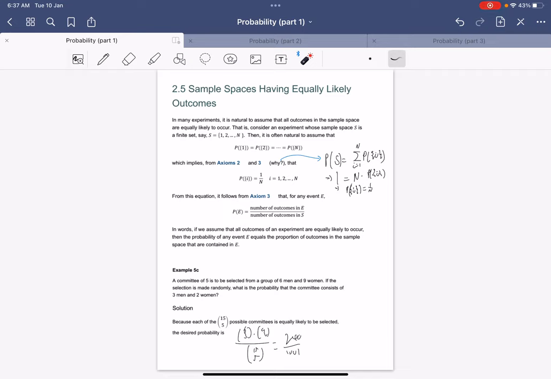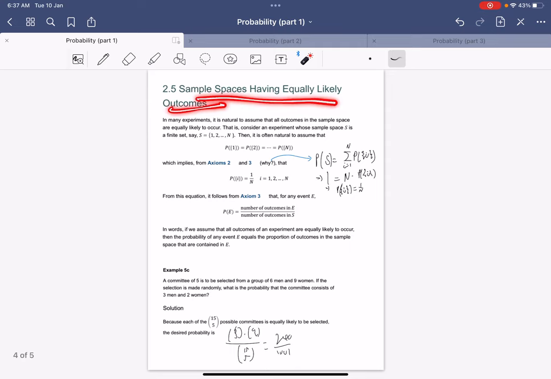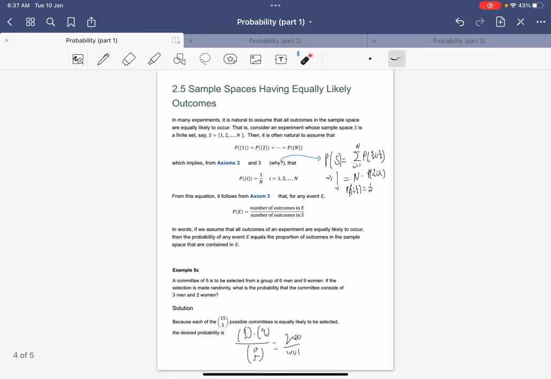And so with this notion, it gives us the understanding that when a sample space has equally likely outcomes, then each outcome has 1 over n probability of occurring, because the probability of the sample space equals the sum of all these probabilities, and we know the probability of the sample space is 1.